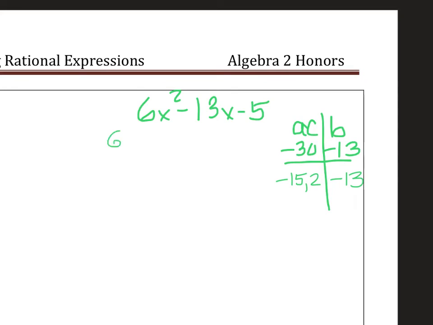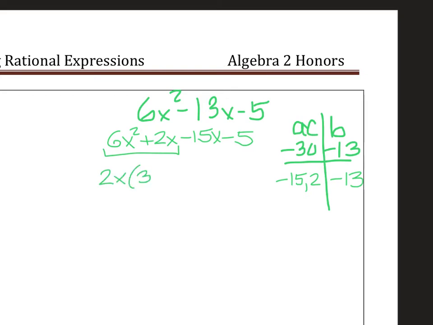So you're going to have to factor by grouping. It's kind of a lot of work. We're going to replace our negative 13x with negative 15x plus 2x. I think I'm going to put the positive 2x first to make my factoring by grouping a little bit easier. Okay, so I'm going to take out the greatest common divisor out of the first two terms.